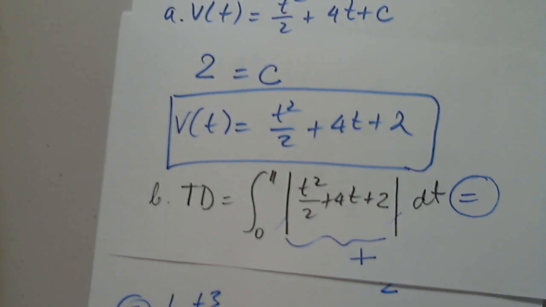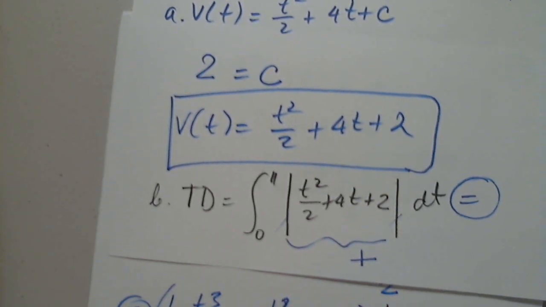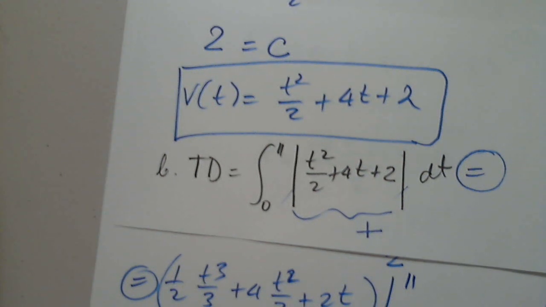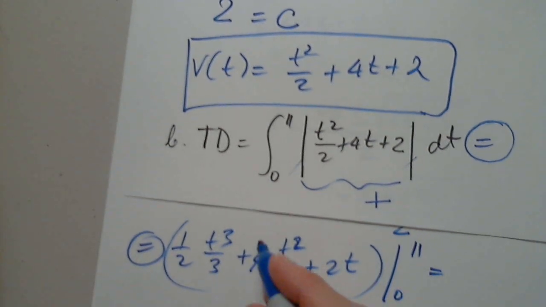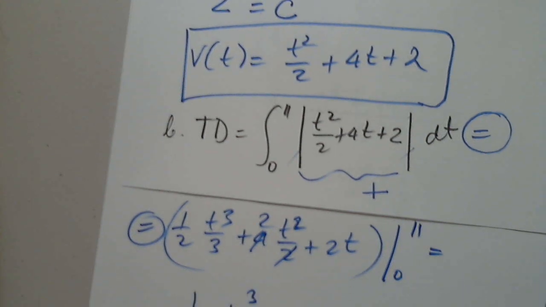The antiderivative is one half t to the third over 3 plus 4 t squared over 2 plus 2t from 0 to 11. All I need to do is plug in 11. So 1 over 6 times 11 cubed plus 2 times 11 squared, which is 121, plus 22.